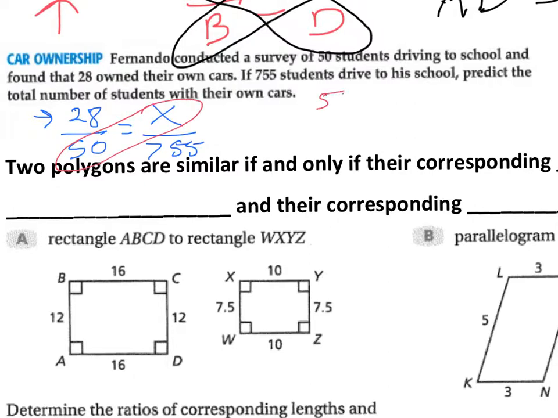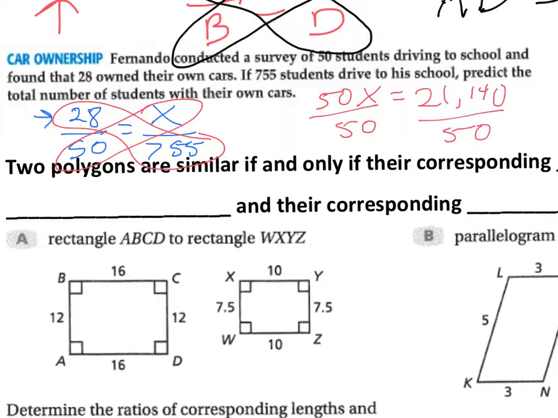So you have 50x equals 28 times 755, and that's 21,140. We divide by 50 and we find that x equals, what is that?